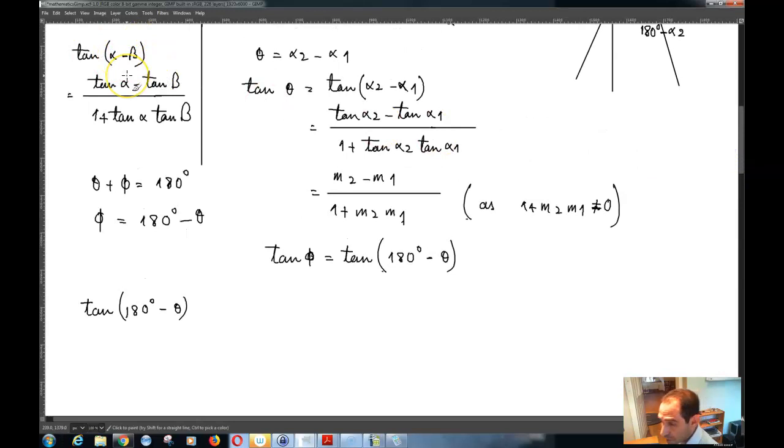Tan of alpha minus beta is equal to tan alpha minus tan beta over 1 plus tan alpha tan beta. So I can write this as tan of 180 degrees minus tan theta, over 1 plus tan 180 degrees tan theta.